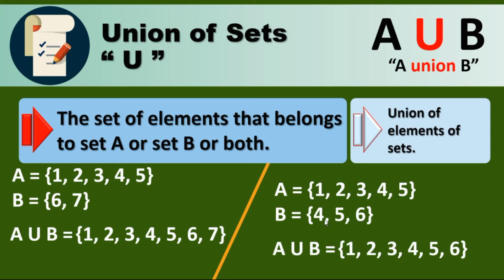Since 4 is already on set A, we don't need to repeat it. So with number 5. Yet 6 is not on A, so we need to put it on the resulting union of sets. That's why A union B is equal to the set that contains 1, 2, 3, 4, 5, and 6. Very good.